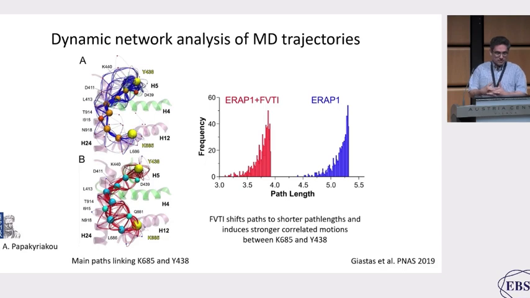We're still looking into that, but one of my colleagues in Demokritos, Dr. Athanasios Papakyriakou, did an interesting dynamic network analysis of how information can travel from the regulatory, the C-terminus side, to the catalytic side, and did find a couple of different pathways that could indicate communication between these two sides that could lead to activation.